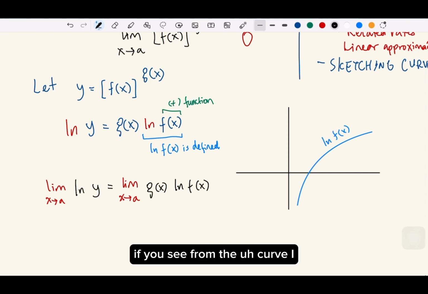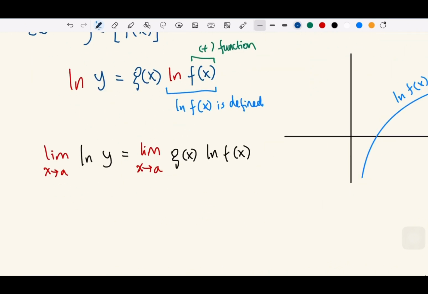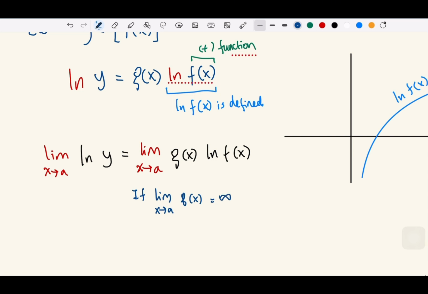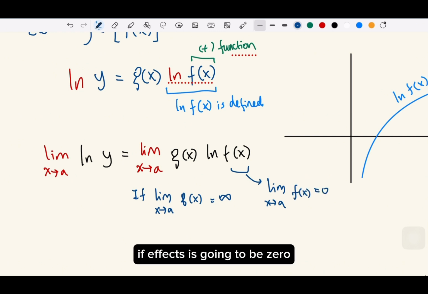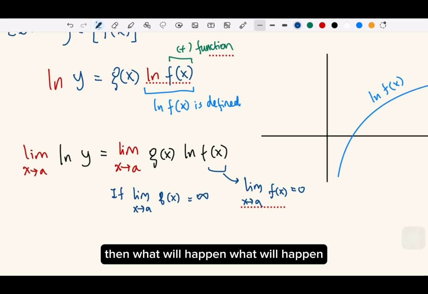If you see from the curve that I would like to show you, if the limit of g is infinity and the limit of f of x is going to be 0, then what will happen?